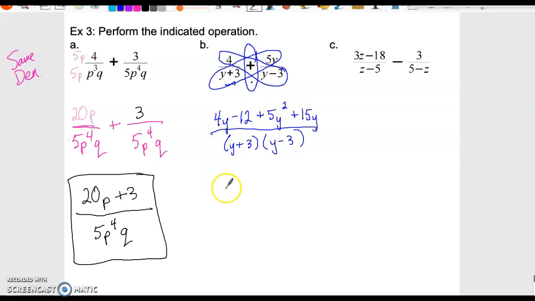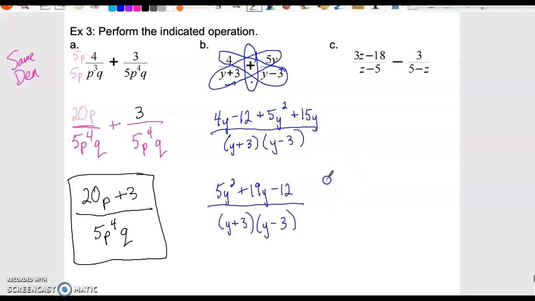The one thing I do want to point out, though, is sometimes in these problems you can factor. Which I'm going to investigate if I can factor the numerator here. I'm going to change colors, though.